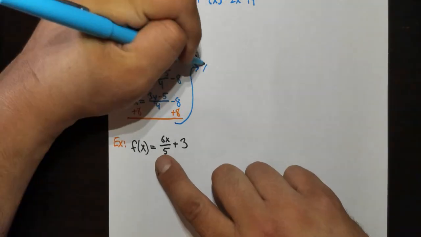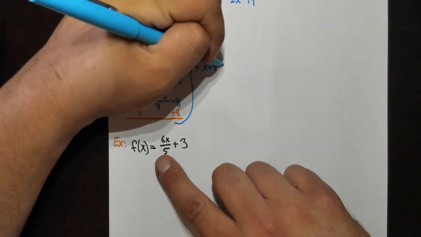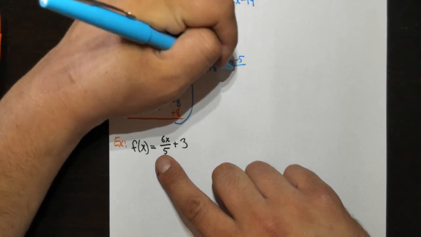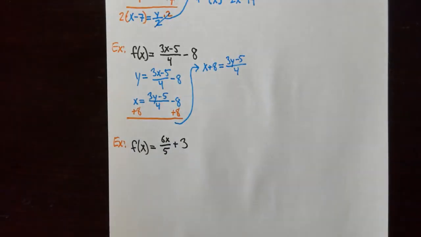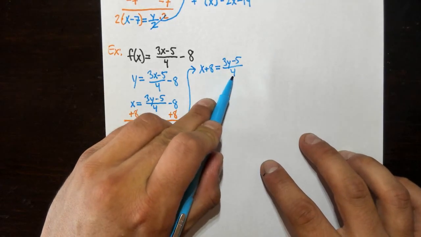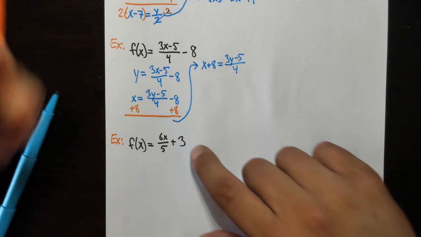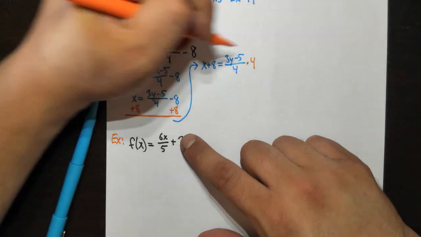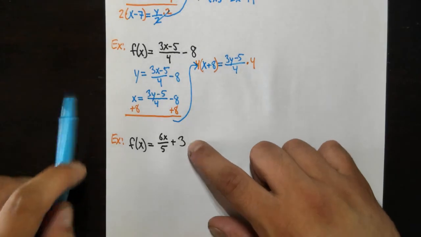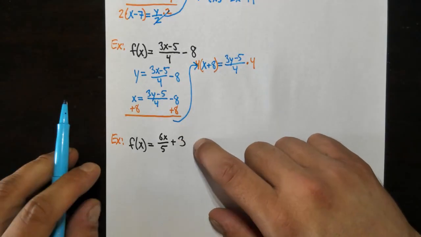So we're going to have x plus 8 is equal to 3y minus 5 over 4. And then again, we can't do anything to this negative 5 yet, or this 3, until we get rid of the 4. So let's multiply both sides by 4. And remember, putting the whole left side in parentheses, because we're multiplying the whole left side by 4.